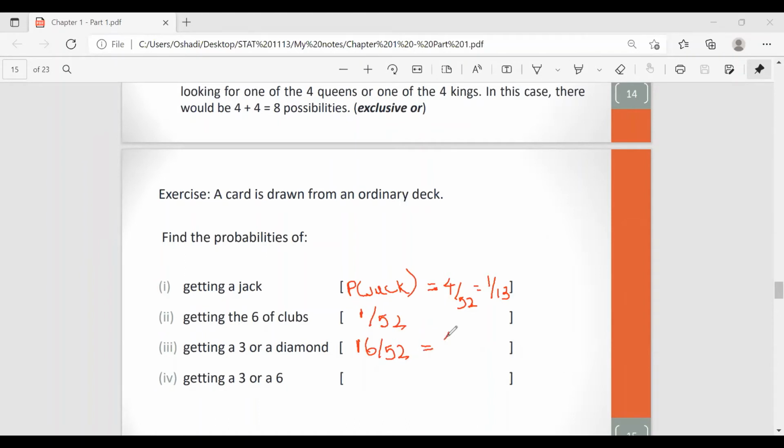It is 4 over 13. So it is an inclusive OR. Getting 3 or 6: there are 4 possibilities of getting 3 and 4 possibilities of getting 6. So altogether, there are 8 possibilities over 52. So it is 2 over 13.